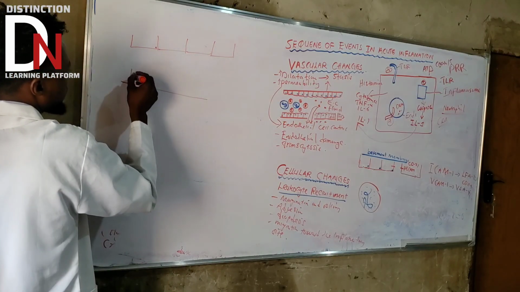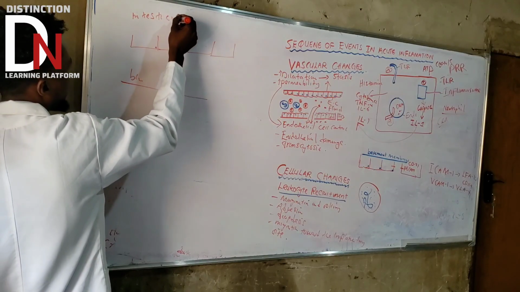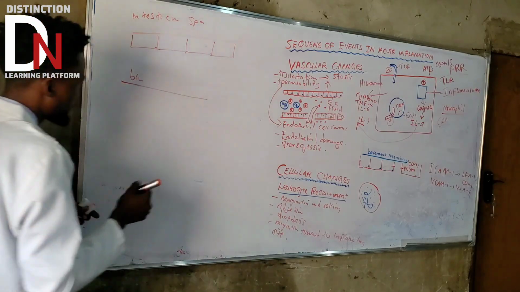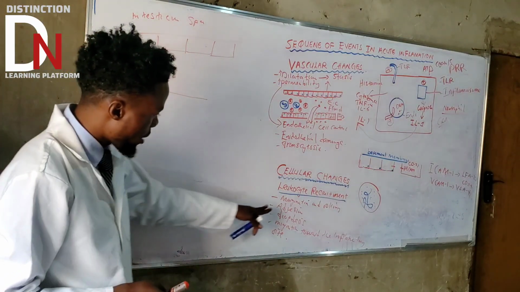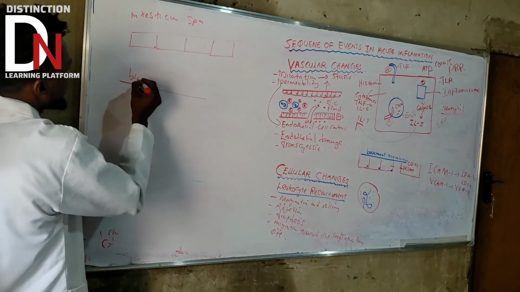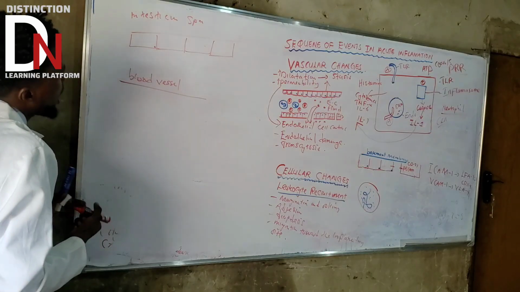This is the interstitial space, outside the blood vessel. Now let's start with margination. How does it happen? This is a blood vessel.